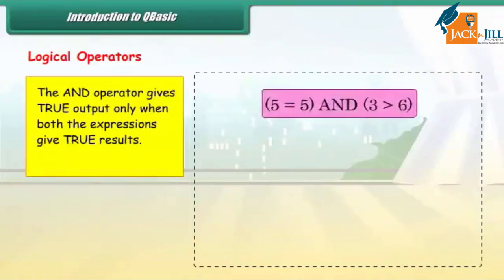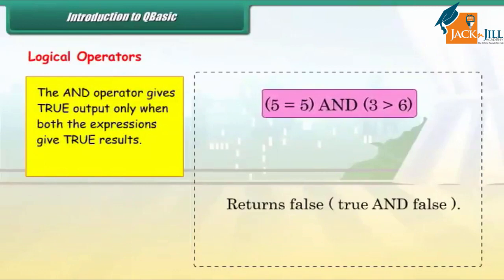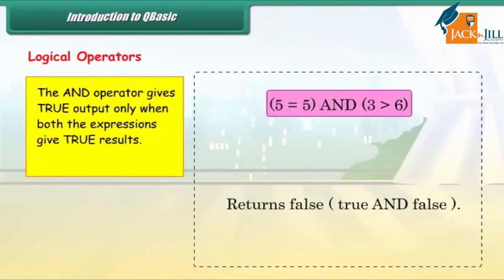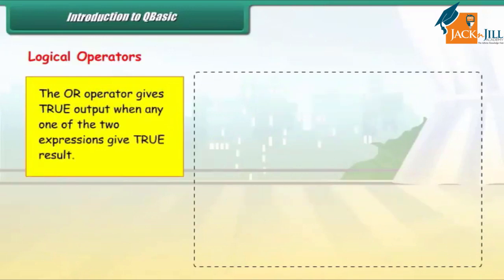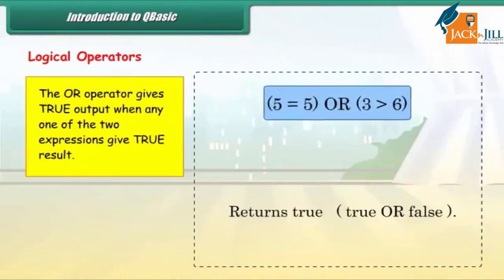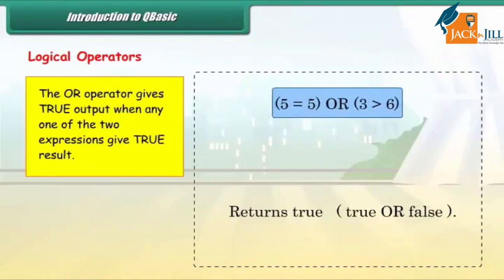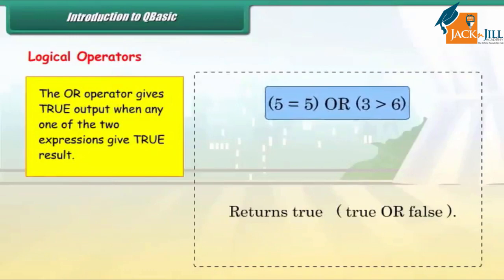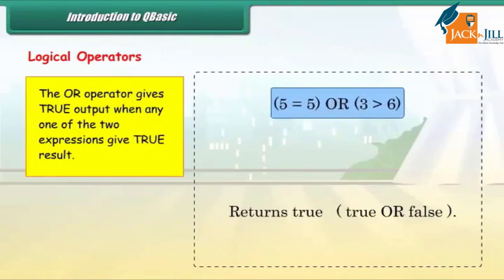The AND operator gives true output only when both the expressions give true results. The OR operator gives true output when any of the two expressions gives a true result.